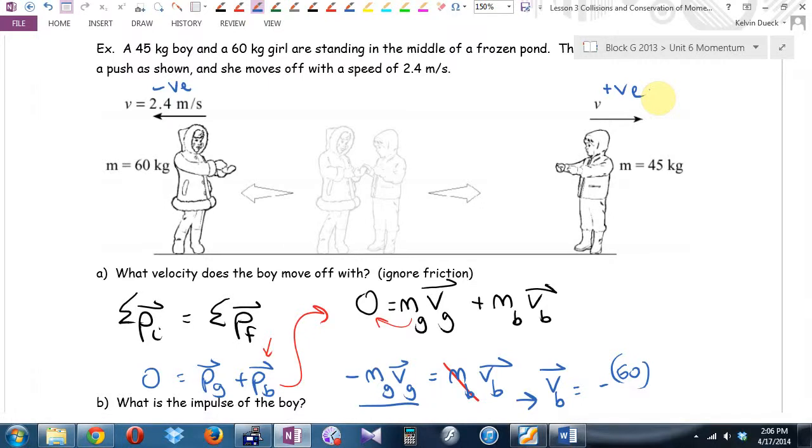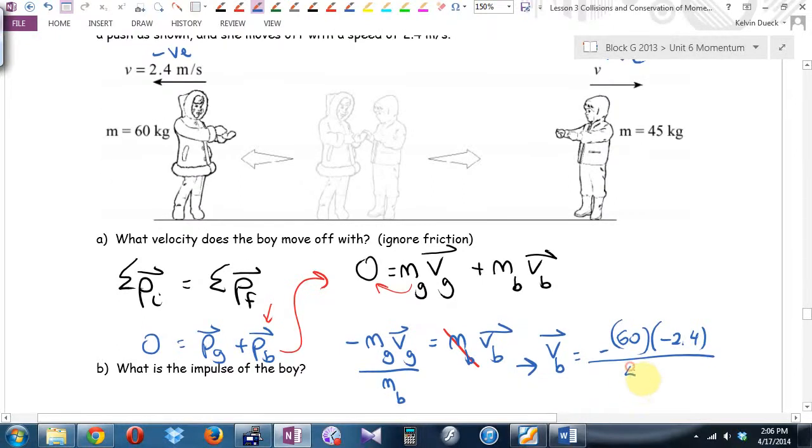So for V girl then, I'm not going to put in 2.4. What am I really going to put in? Divided by mass of the boy, which was 45. I think I can do this in my head because 60 over 45 is the same as 4 over 3. So it's going to be divide by 3, which is going to be negative 0.8 times 3.2.